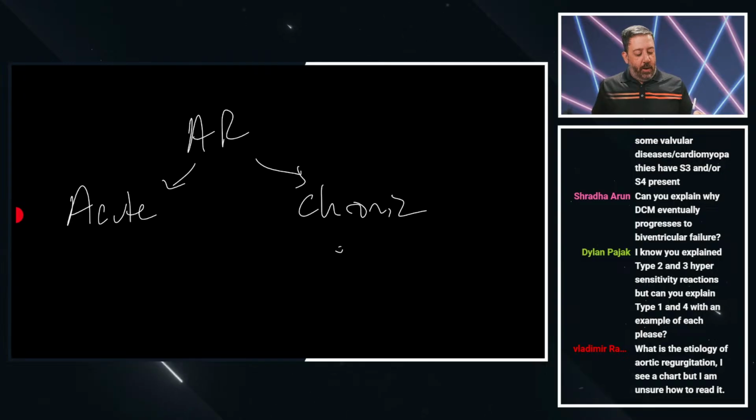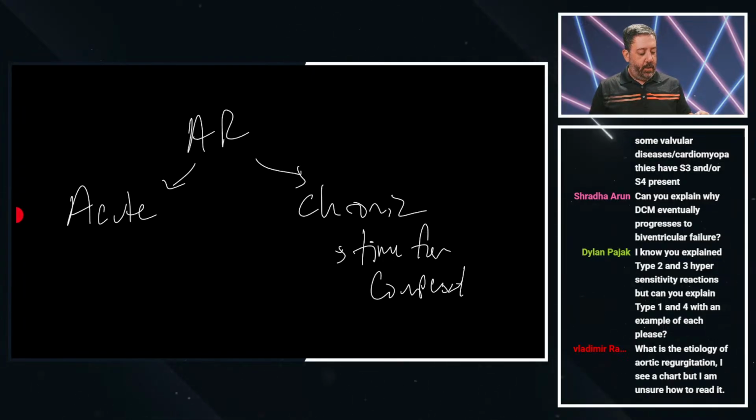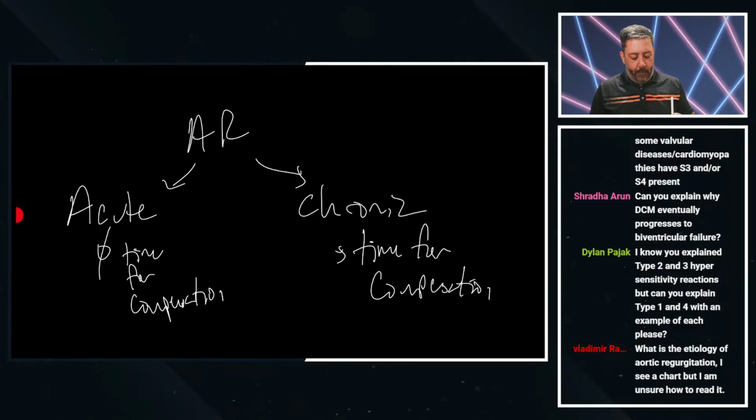Chronic AR, they have time for compensation. Acute AR, there's no time for any compensation. So when you keep that in mind, then you're going to look at the scenario that I presented to you in a case. What's the scenario? How are they presenting?